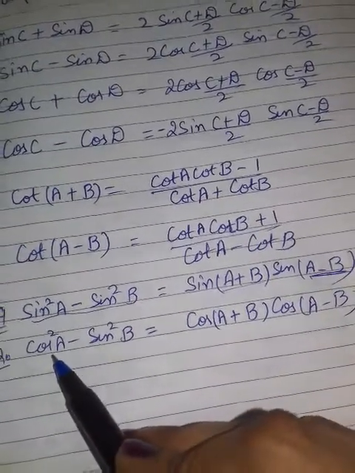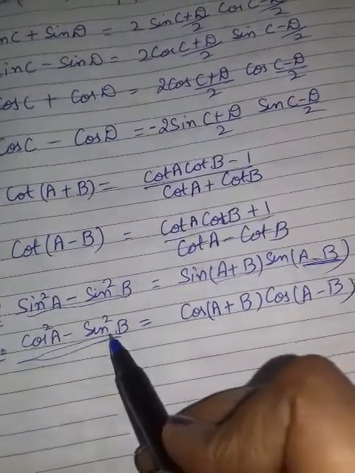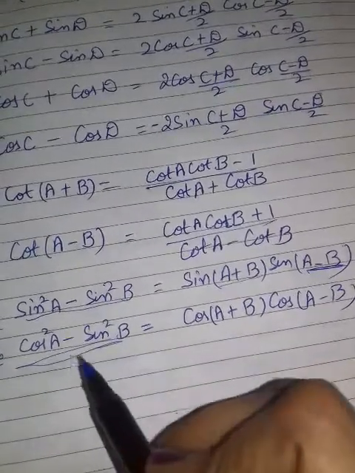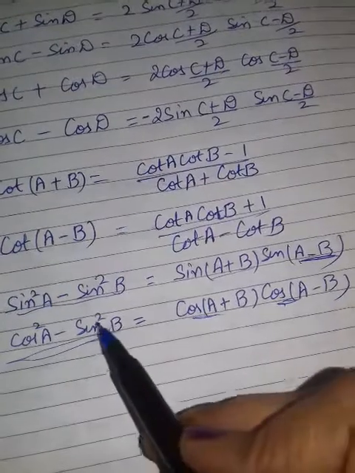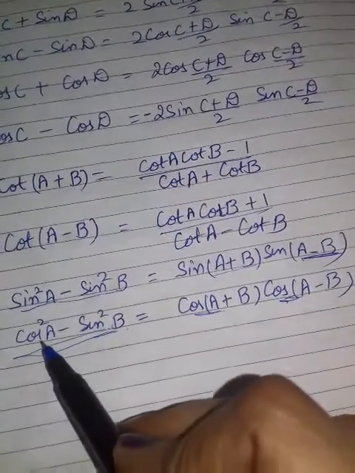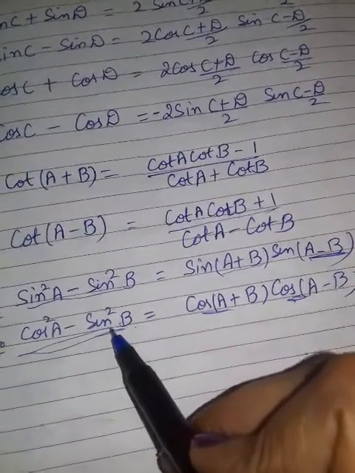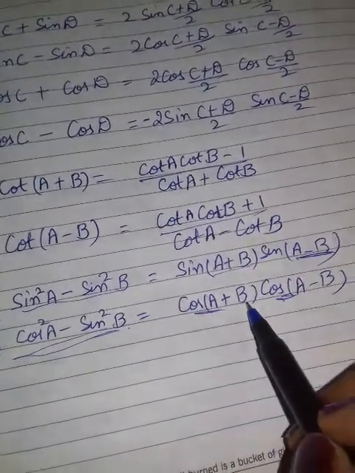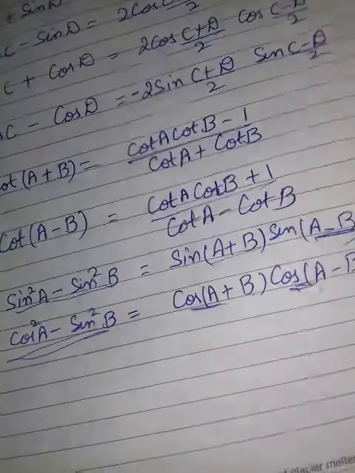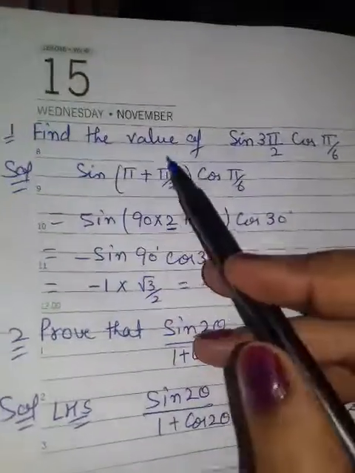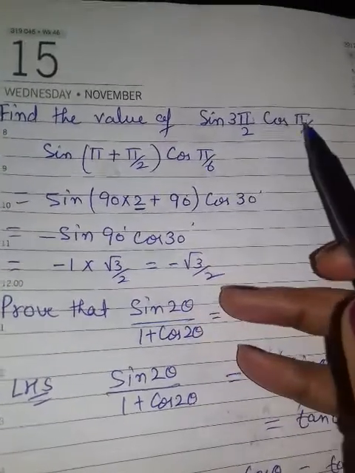When it is cos square a minus sin square b, then it will come in cos. Here cos is there, but there is a sin only. So cos(a plus b) cos(a minus b). Remember these identities. Now we will discuss some examples. First question is, find the value of sin 3 pi by 2 cos pi by 6.